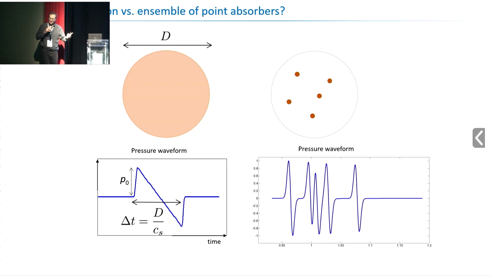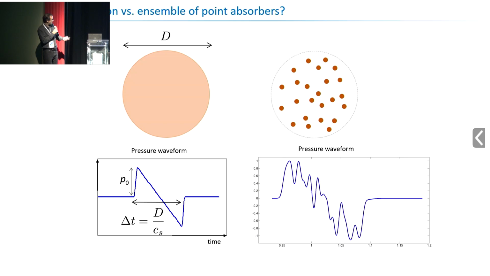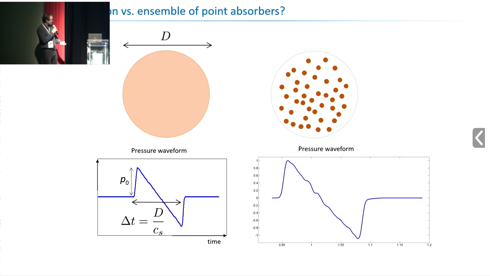Pressure waves add up coherently, because you have plus and minus, with strong interference effects. And if you do more and more, what do you get? You get this. So in the end, if you look into a droplet full of point-like absorbers, photoacoustically, you don't see any difference. You see it as if it was a continuous distribution of absorbers.